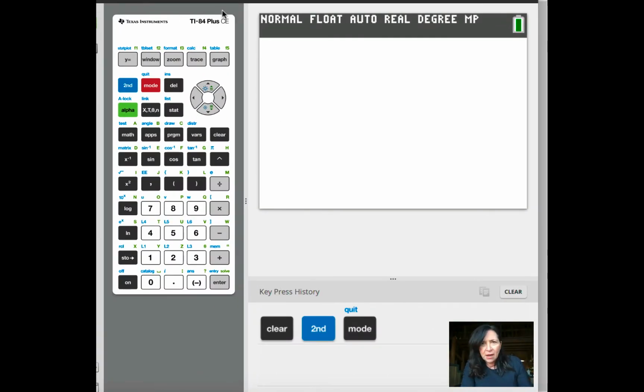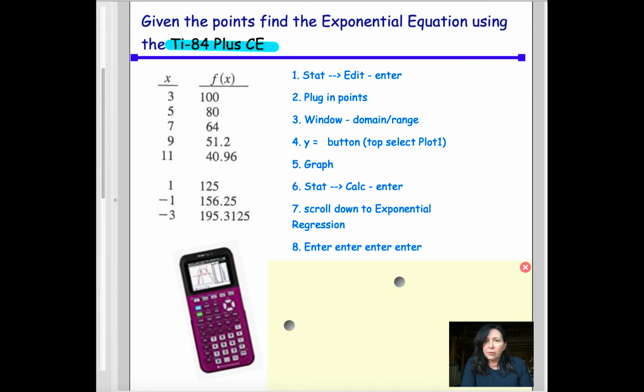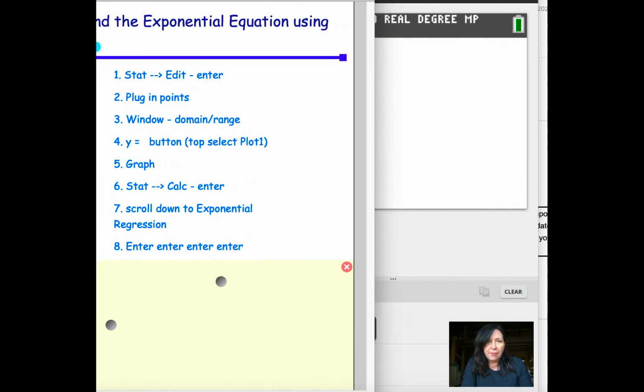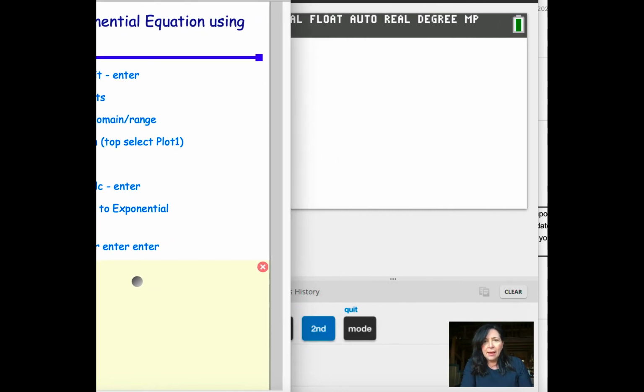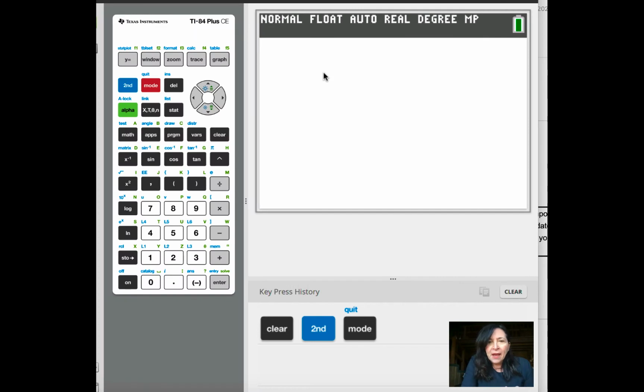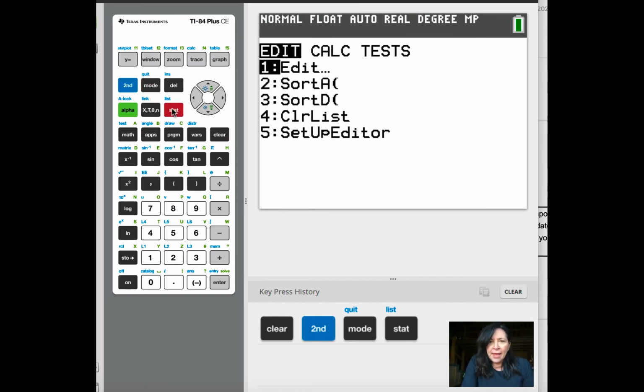So here's my TI-84 Plus. Again, just follow the directions on here, and I'm going to move this over so I can see my points and be able to plug those in. Hopefully this will work. First I go to stat, and right away you're going to go to edit.